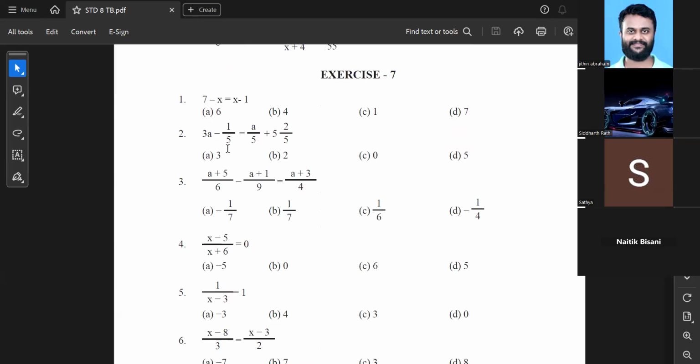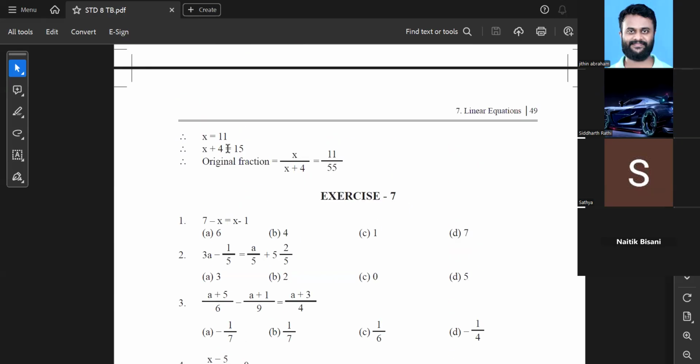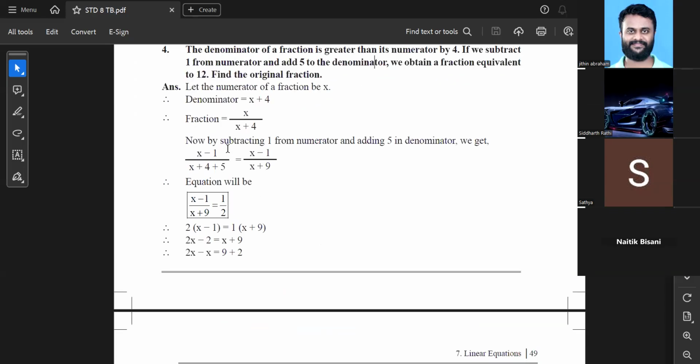Yeah, I'm listening. Sir, I have one doubt. Can you scroll a little bit up? Yep, sure. Yes, sir, enough. You said that the denominators are equal, like x plus 9 equals to 2. That means you applied the logic that they have said that the fractions are equivalent. That's why we can cross multiply, right? No, no, I did not say the denominators are equal.